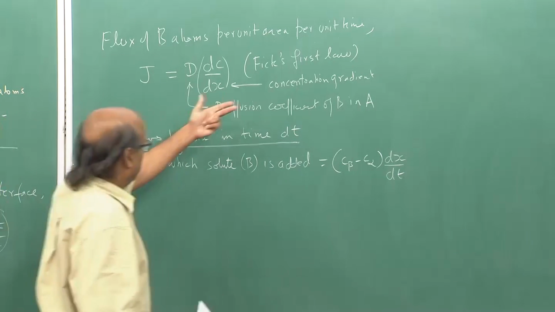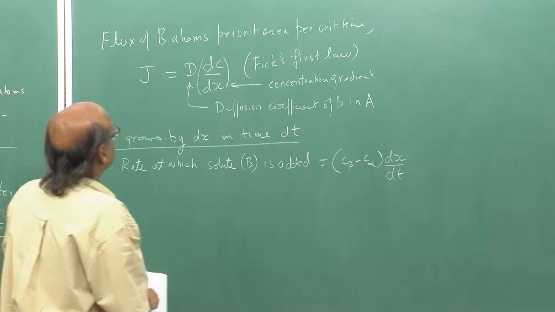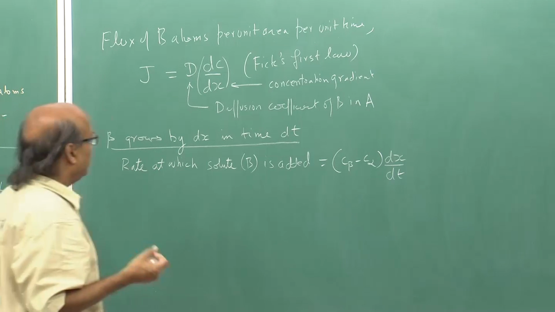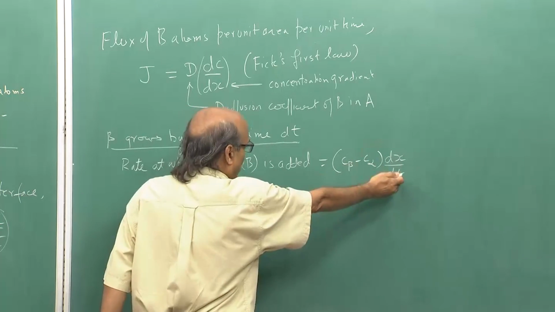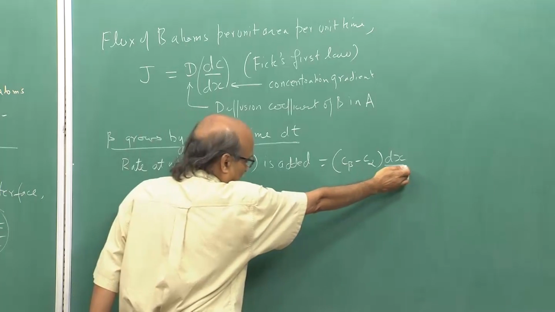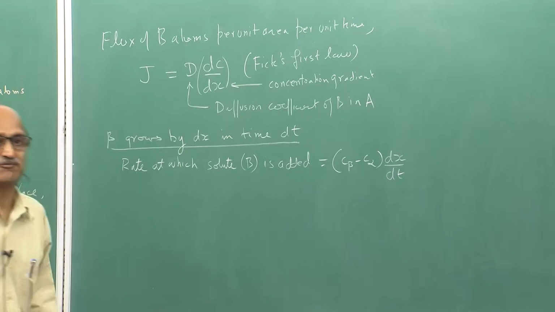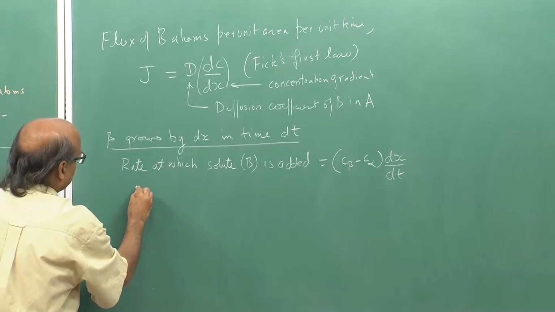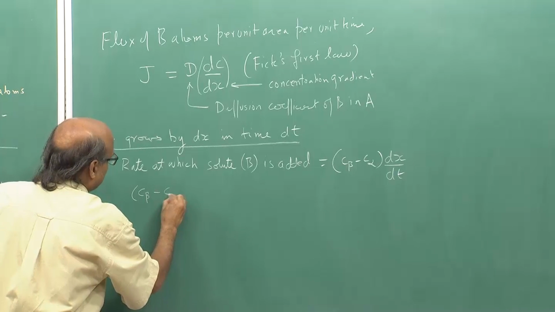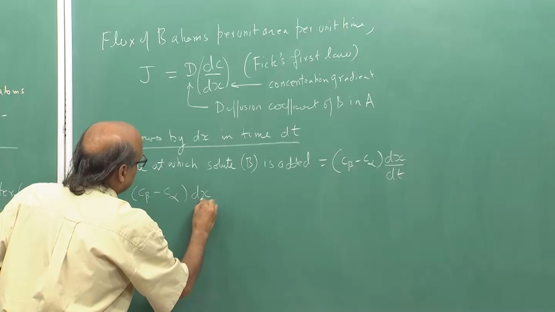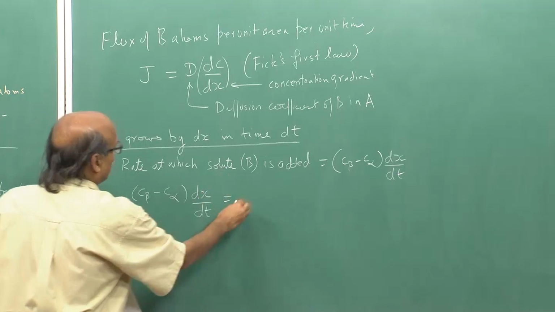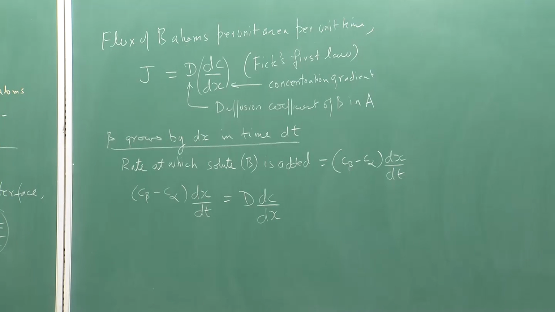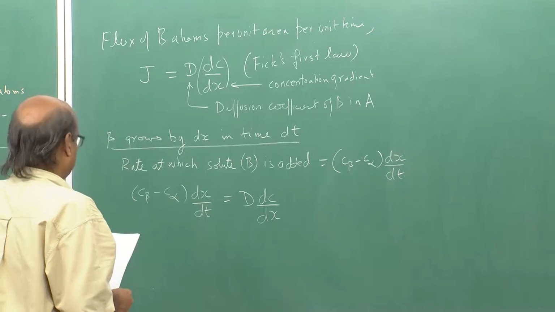So, this is the rate at which B atoms are getting added, this is the rate at which B atoms are arriving at the interface, and obviously for this rate and for this velocity the two have to balance, and therefore I can simply write C beta minus C alpha dx by dt to be equal to D dC by dx.